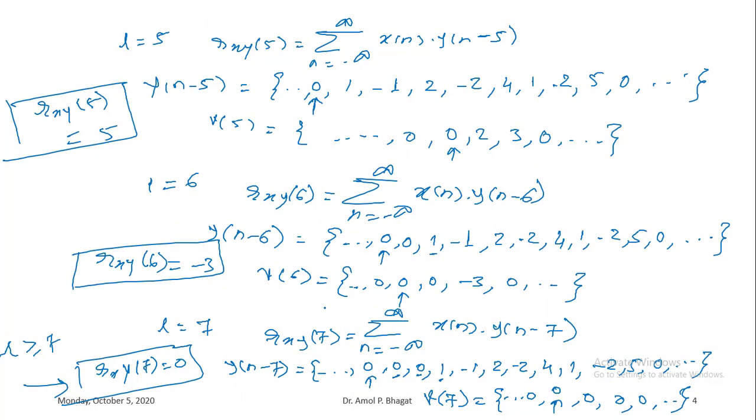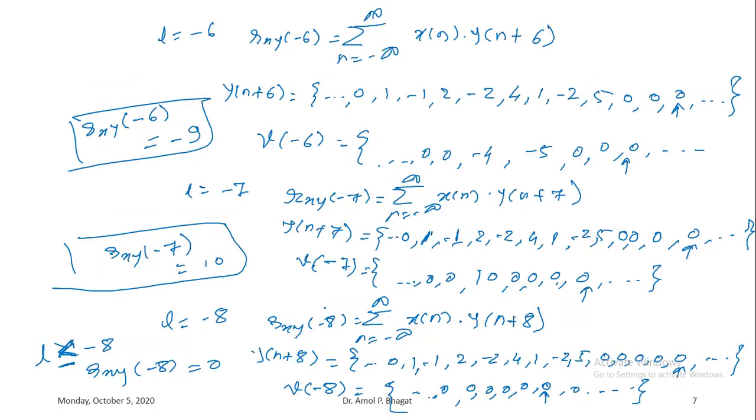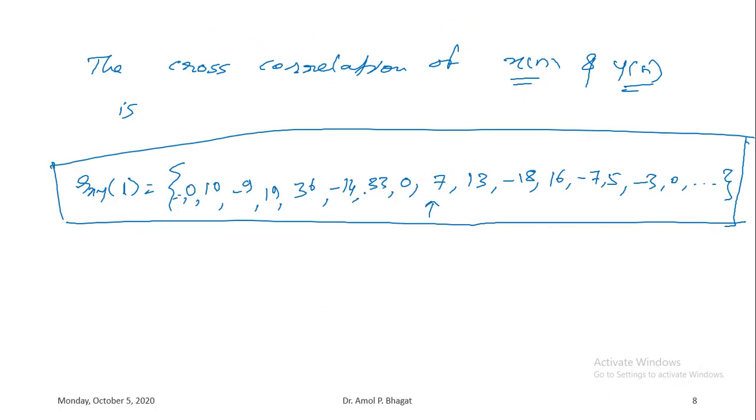Okay, and you will simply perform the shifting, multiplication and addition operations to get the values at different values of L. Finally you will sum up this result and indicate it as Rxy of L. Okay, that is the cross correlation result of the given discrete time sequences.